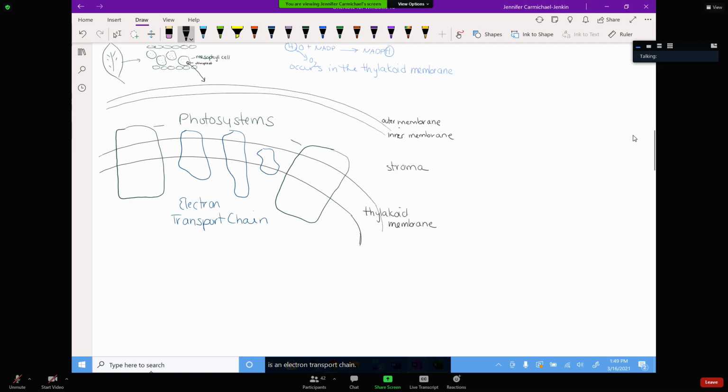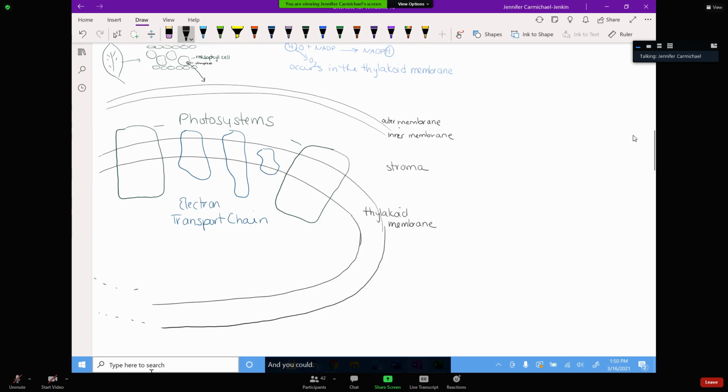If we zoom out, remember that our thylakoid's a disc, so the inside of that disc is going to be relevant.